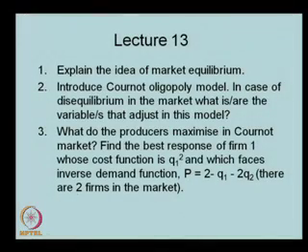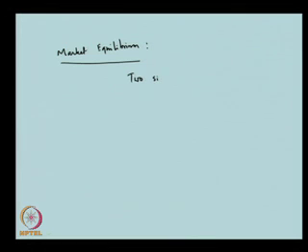Explain the idea of market equilibrium. So, what happens in a market equilibrium? If we have a market, then there are basically two sides in the market.